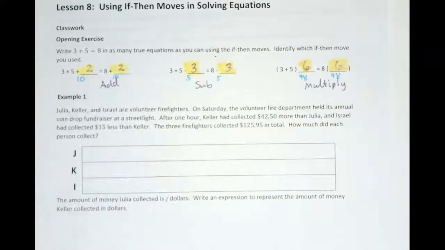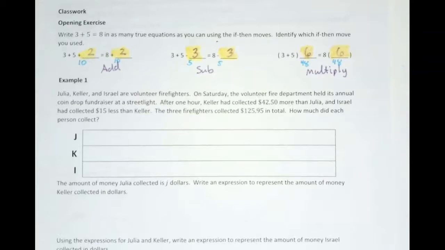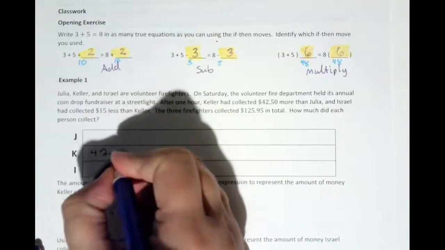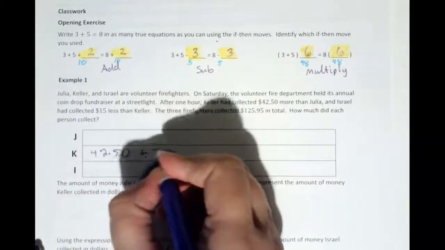Okay. Moving on to example number 1. This is a word problem. We have Julia, Keller, and Israel. They're volunteer firefighters. On Saturday, the volunteer fire department held its annual coin drop fundraiser at a street light. After 1 hour, Keller had collected $42.50 more than Julia.